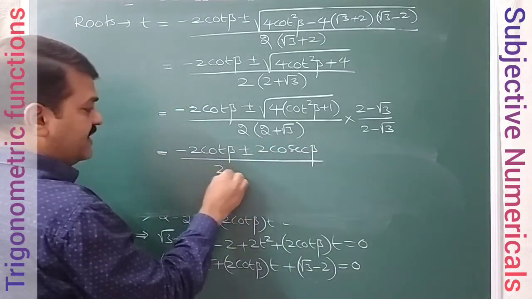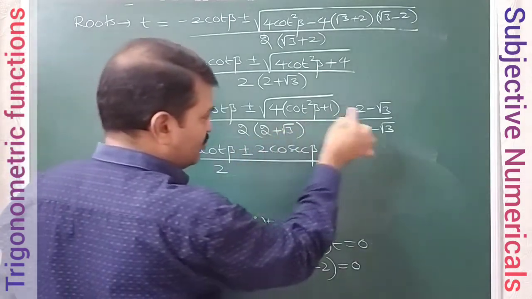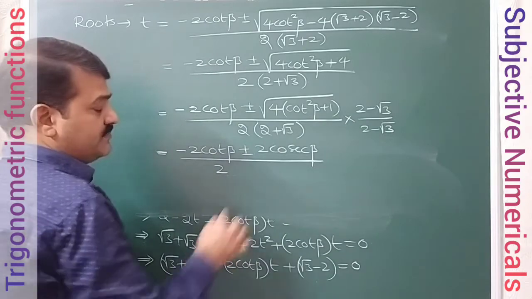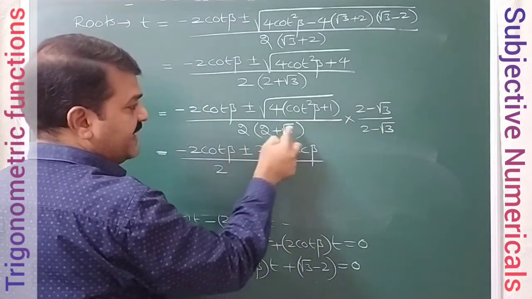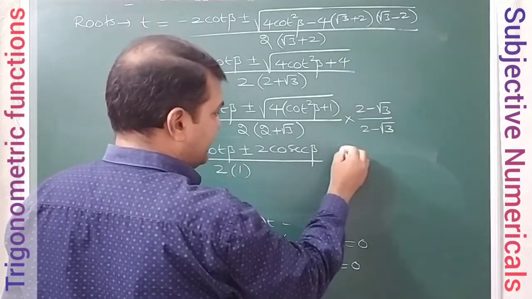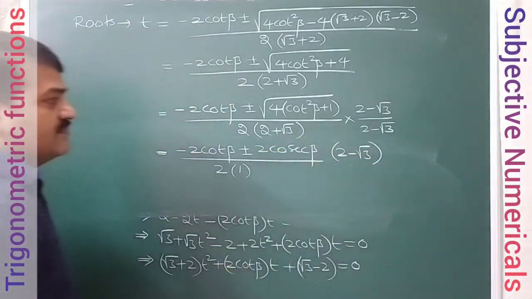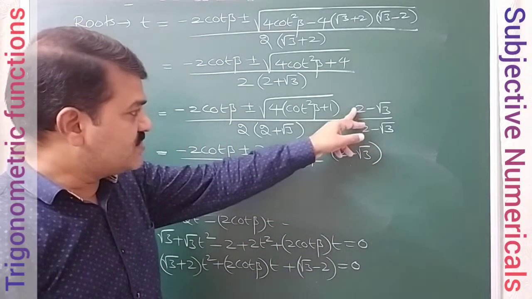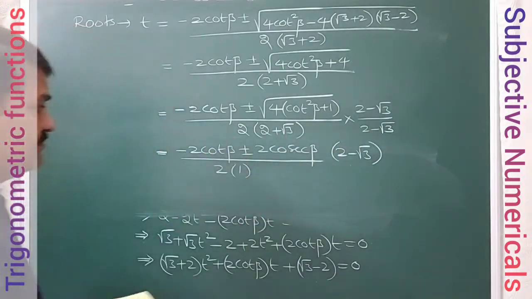So denominator 2 into, see denominator part, 2 plus root 3 into 2 minus root 3. A plus b into a minus b model. So 4 minus 3 denominator. And in numerator 2 minus root 3 is also there. So numerator this 2 minus root 3, denominator 2 plus root 3, 2 minus root 3 is anyhow 1.